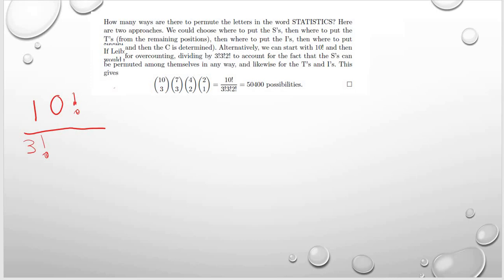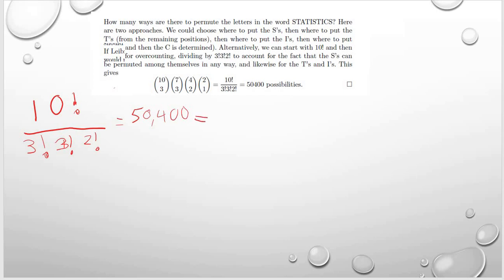Notice the letter T appears 3 times, so I'll cancel that out. I should write a 3 here, not a T. And then the I appears 2 times, and so I should cancel that out. And this turns out to be 50,400.